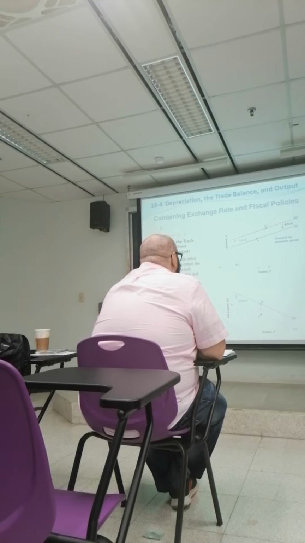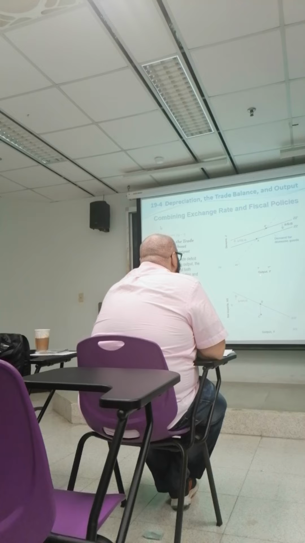So we can try to design some kind of exchange rate policy so that the NX line will rise to this position, okay? And you can find from this picture that when Y equals this level, the trade balance is 0.